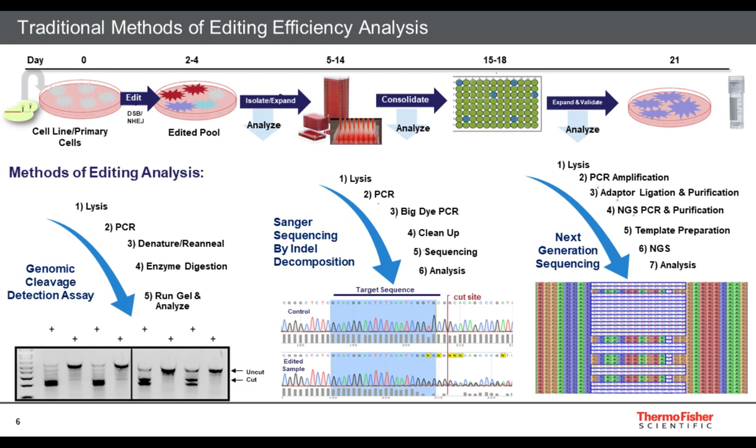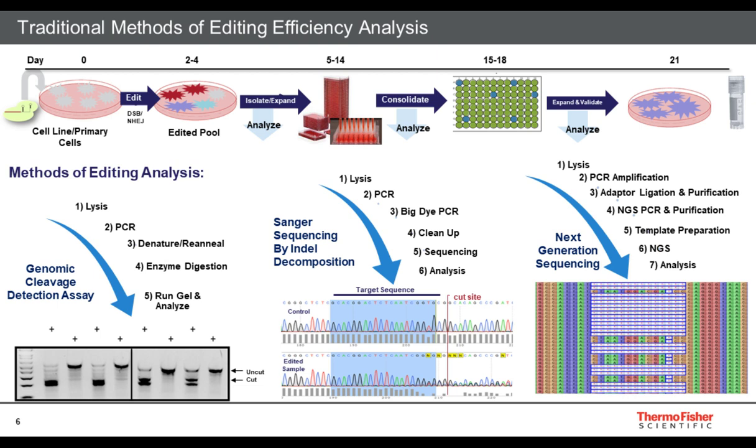You design primers flanking the region of interest surrounding your edit, and then you go through a denature and reanneal, and then go through an enzyme digestion step that recognizes these indels that we discussed earlier. And then you can run a gel and analyze. And you can see here that this is just done using band densitometry. And you have a semi-quantitative answer as far as what portion of your cells are edited based on that uncut versus cut band. So this is semi-quantitative proportional analysis.